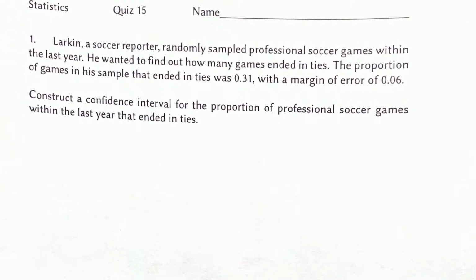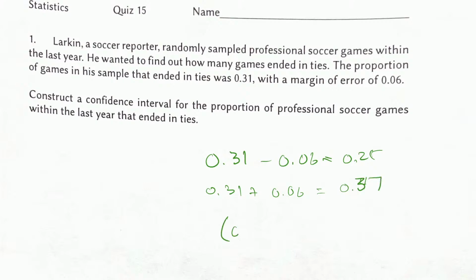So that's easy enough. 0.31 minus 0.06 is 0.25, and then 0.31 plus 0.06 is 0.37, right? So you might have written it like this. Just put the smaller number first. If you put the bigger number first, it looks dumb. Just trust me on this.